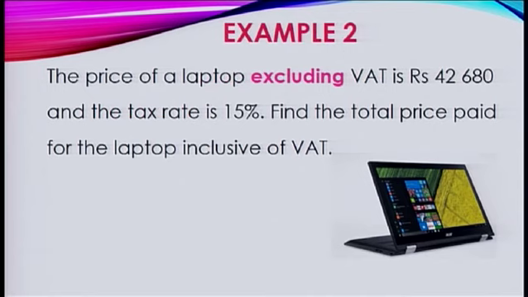Let's take another example. The price of a laptop, excluding VAT, is 42,680, and you are told that the tax rate is 15%. Now, find the total price paid for the laptop inclusive of VAT.